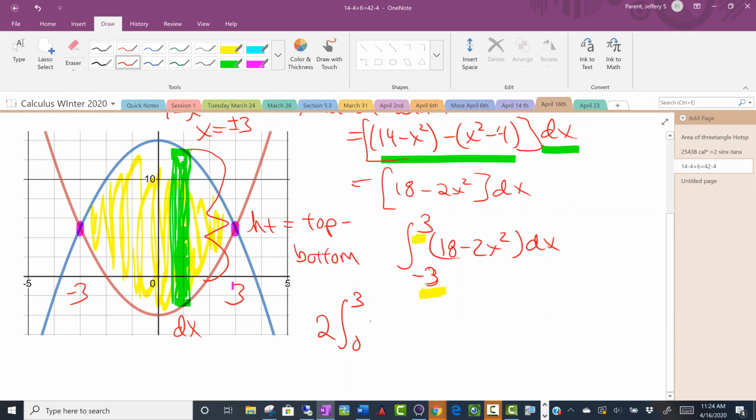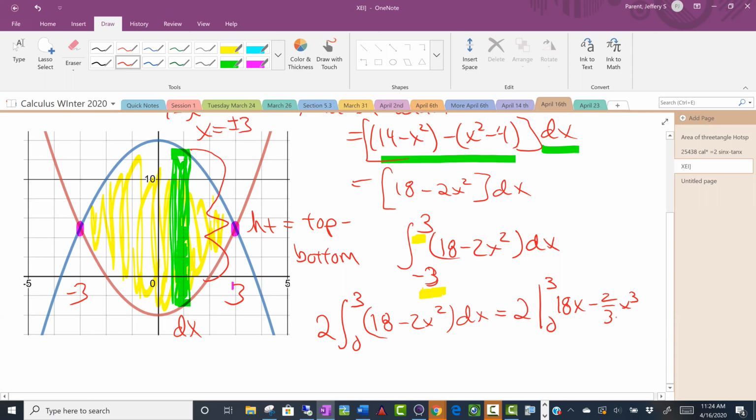Well done. So the left half and the right half of this region are symmetric. So instead of computing it for the whole thing, I'll just double the integral from 0 to 3. And it may not seem like a lot, but it's just nice and handy not to have to plug in a negative number. So that's going to be twice the function from 0 to 3 of 18x minus 2/3 x cubed.